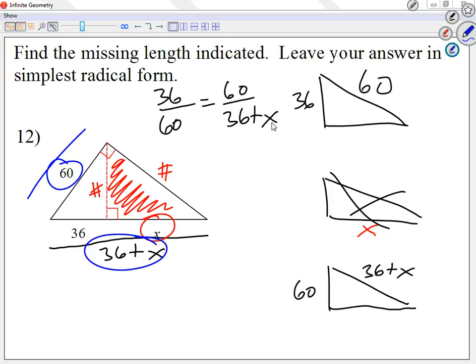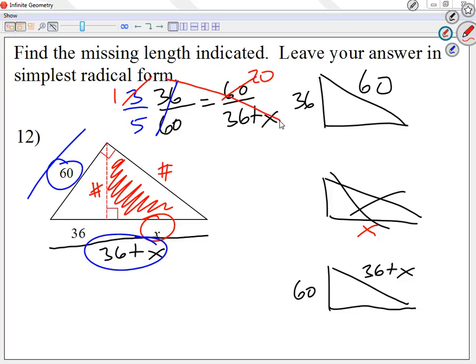But before we cross multiply, let me simplify my fractions. 36 over 60, let me divide each by 12. 3 over 5. I can also simplify sideways, 3 and 60. Let me divide each by 3. So I get 1 and 20.